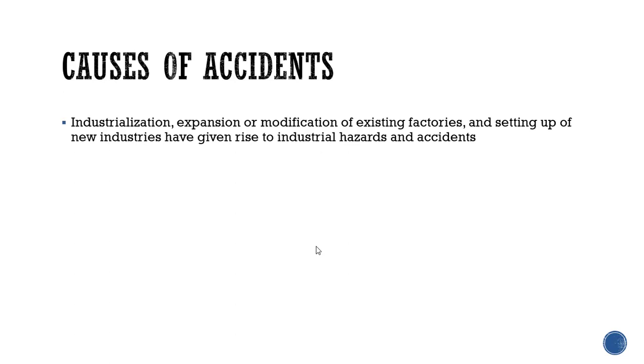Now we are going to discuss the causes of accidents. Industrialization and expansion, modification of existing factories, and the setting up of new industries have given rise to industrial hazards and accidents. It's a common thing because of the booming of this sector. Wherever you see, most industries are just coming up.